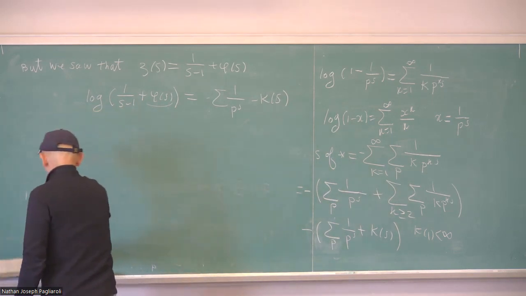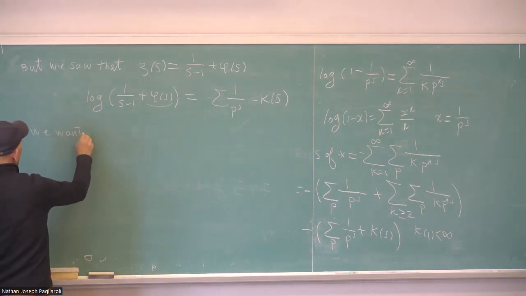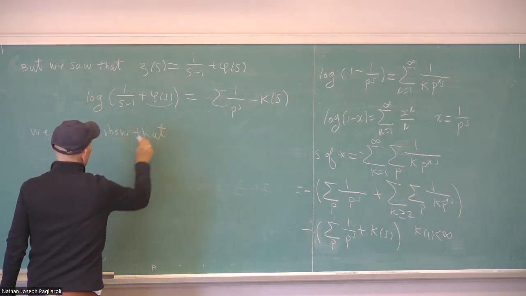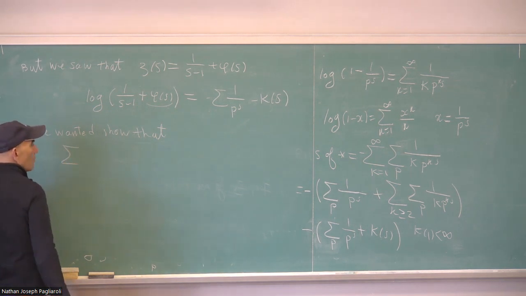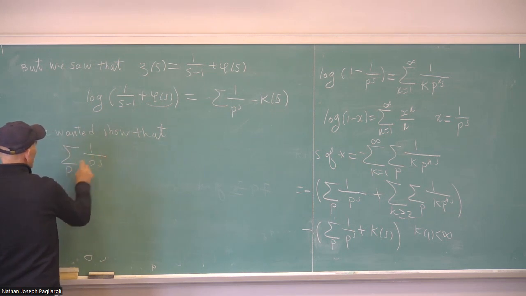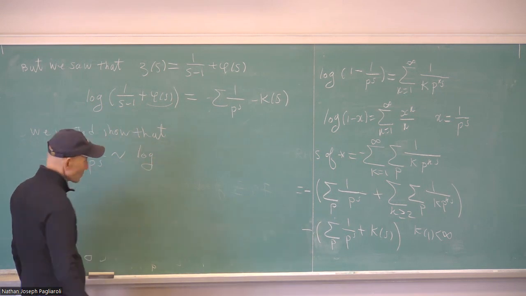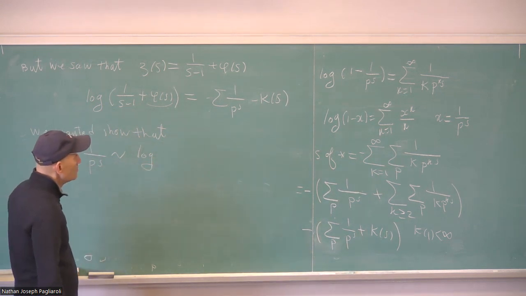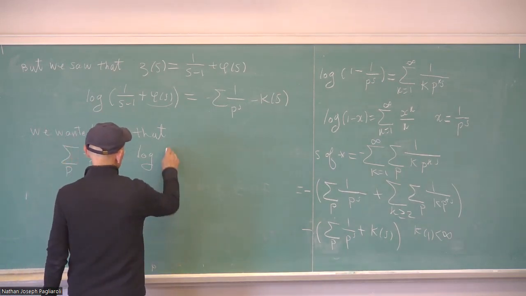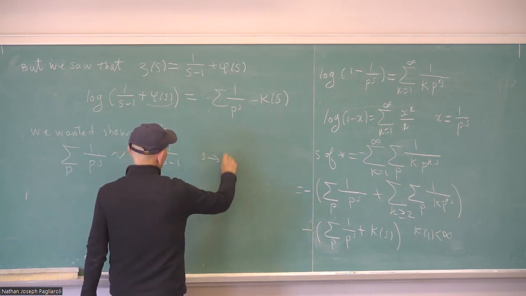And what we wanted to show is that the sum of 1 over p to the s is asymptotic to log of 1 over s minus 1, as s goes to 1 plus.